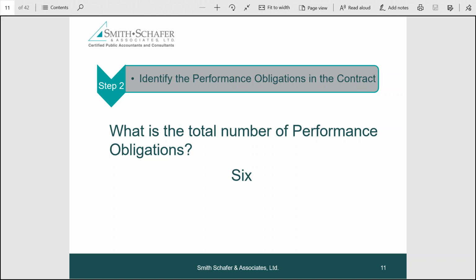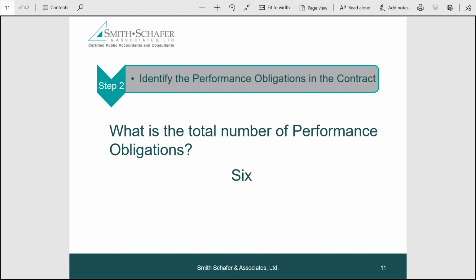You then have the general member benefits that the association does not charge non-members for, does not make available to non-members. And then you also have the discount to the conference. So that discount has created a performance obligation. So again, we have a total of 6 performance obligations that we have to consider as we continue moving through these 5 steps.